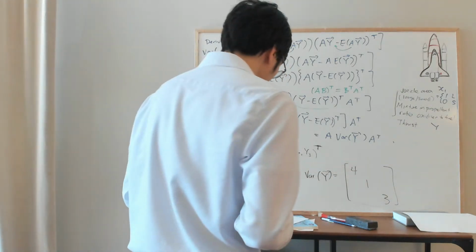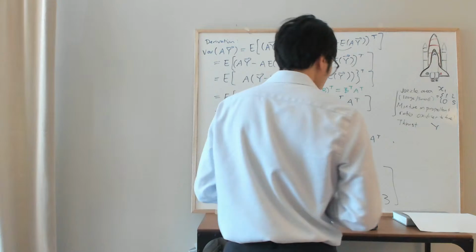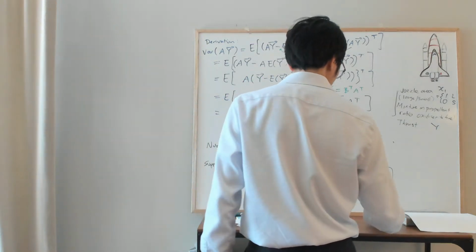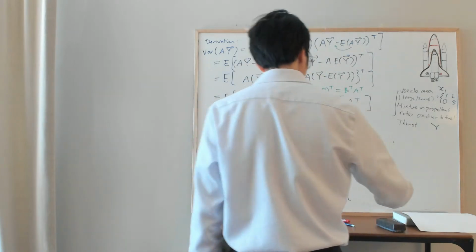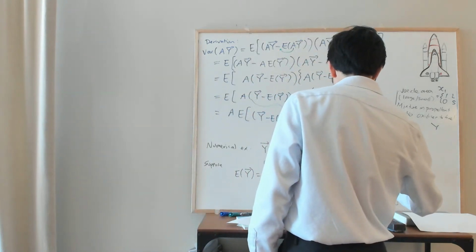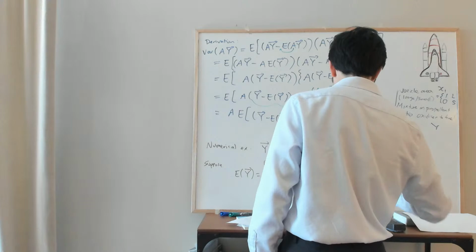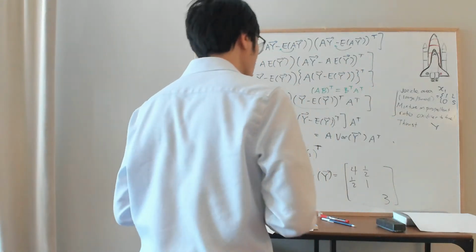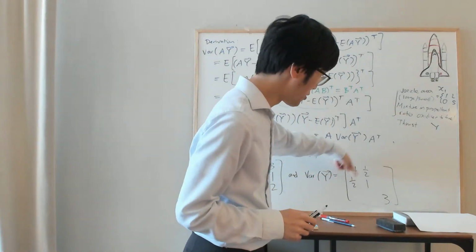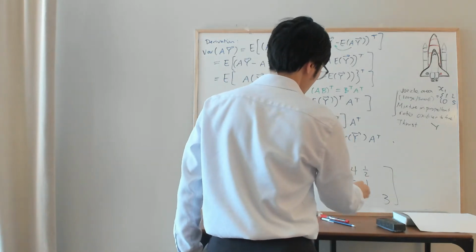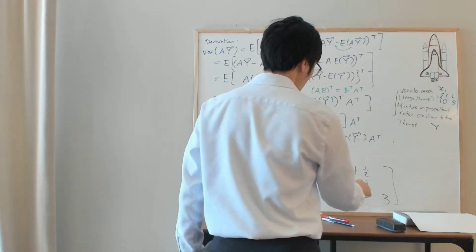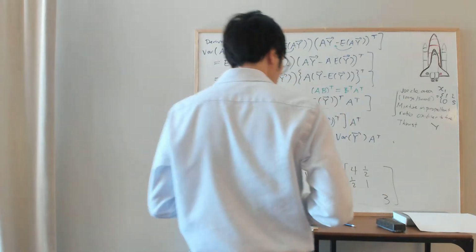Now, let's put some entries in here. Let's say this is a half, because of symmetry. Likewise, this top term and this on the lower right are going to be symmetric.